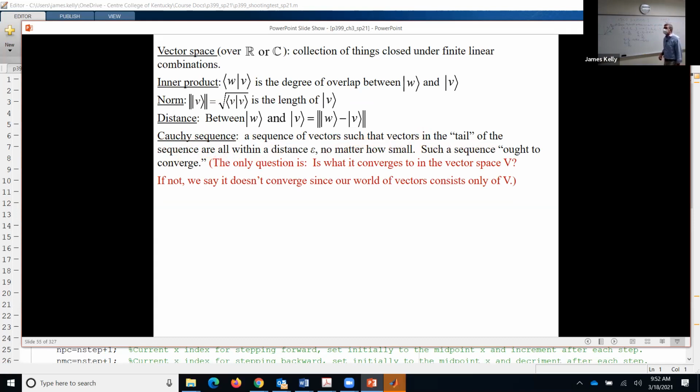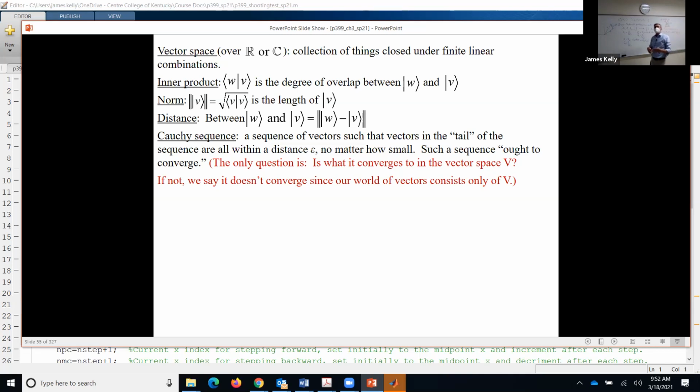And a Cauchy sequence is one that, if you give me a small number, 1/50th, it's a Cauchy sequence if for this infinite collection of vectors, there's some point where everything left in the tail is all within 1/50th of each other, right? You take any two vectors from the infinite tail that's left over after I've thrown the first so many away, and they're all within some distance of each other.